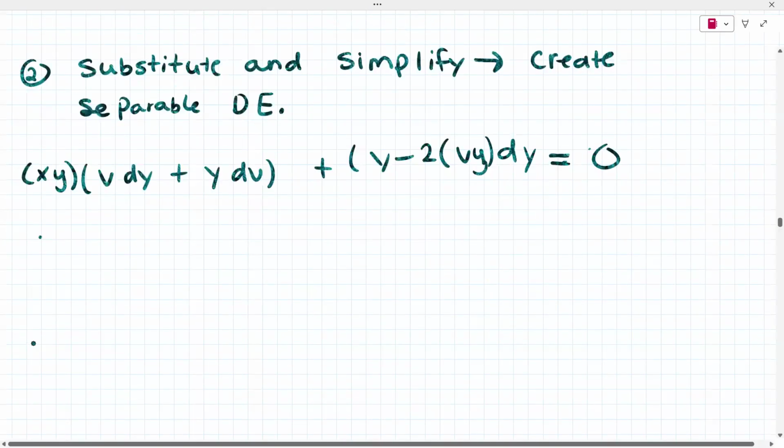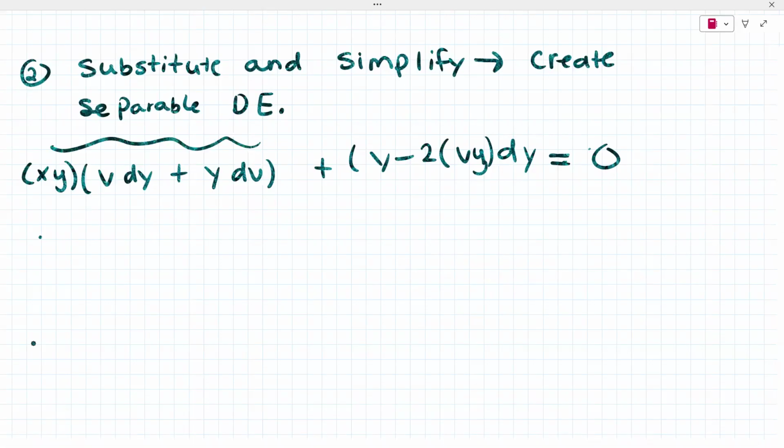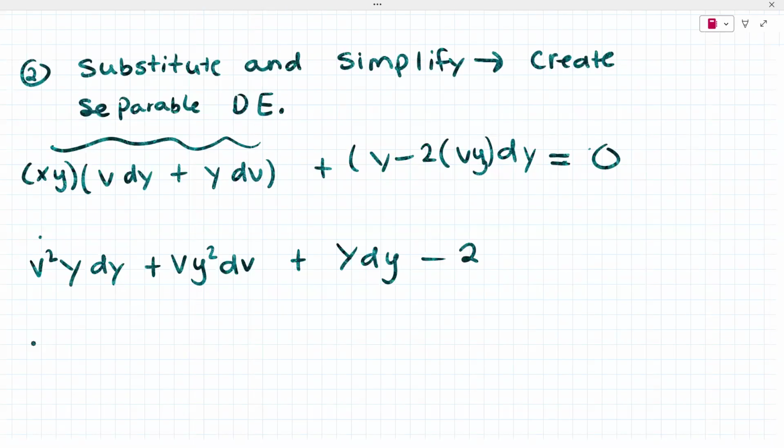Okay, and then if you FOIL this out carefully, you should get v squared y dy plus v y squared dv plus, if you FOIL this out, y dy minus 2vy dy equals 0.